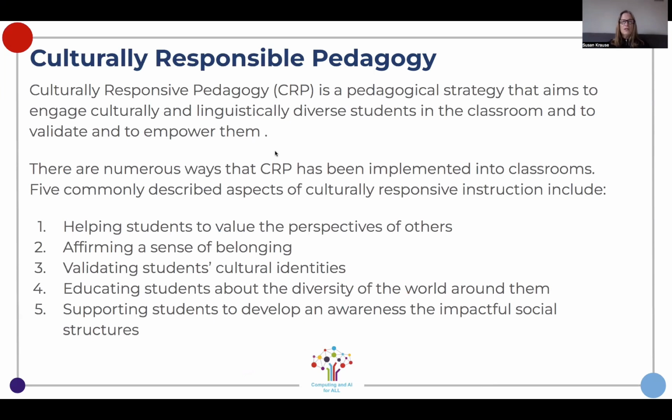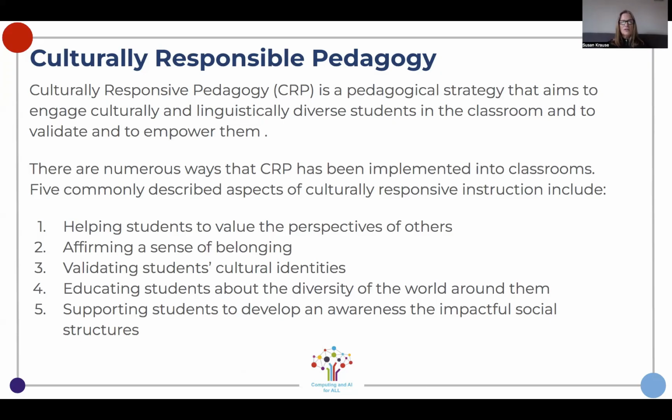The culturally responsible pedagogy. The culturally responsible pedagogy, CRP, is a pedagogical strategy that aims to engage culturally and linguistically diverse students in the classroom and to validate and empower them.